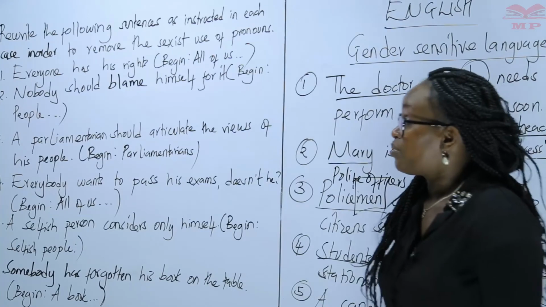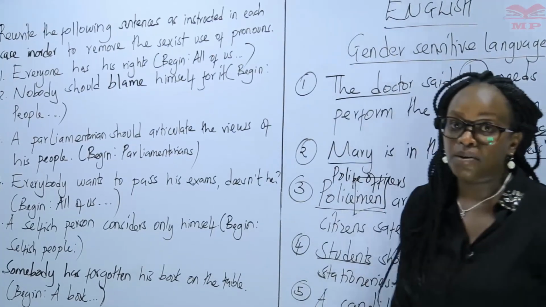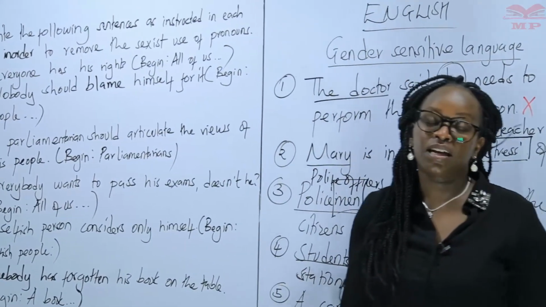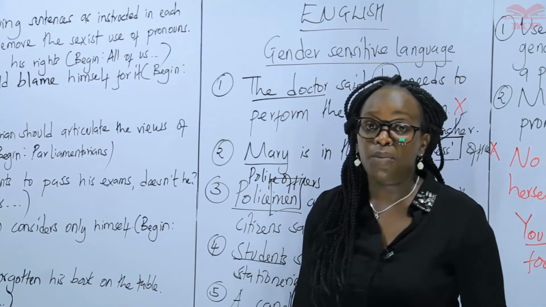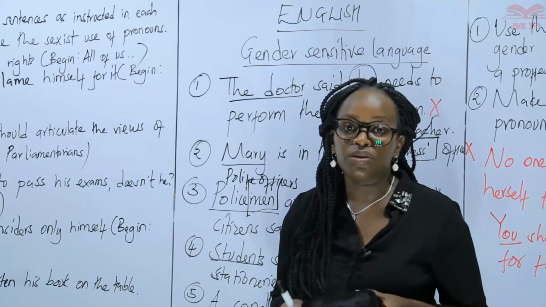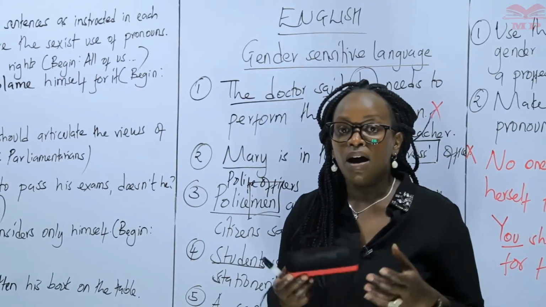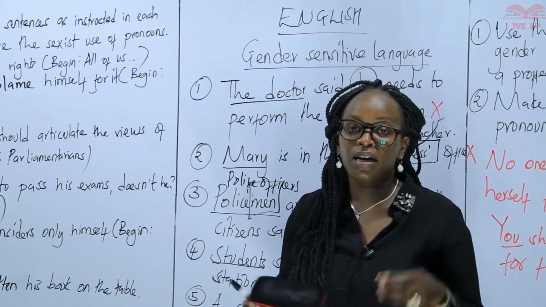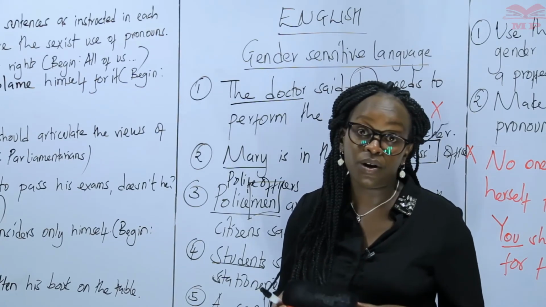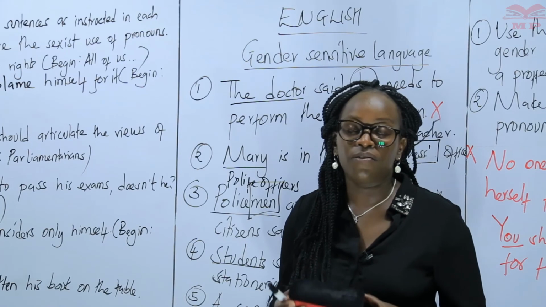Remember that most of the time gender bias happens especially when people are making use of pronouns. It is up to you to keep reminding yourself that his and him are pronouns that are used to refer to the male gender, and her and she are pronouns that are used to refer to the female gender.